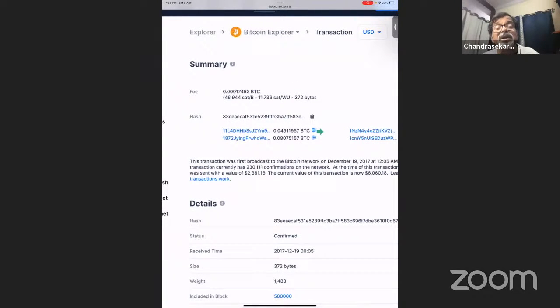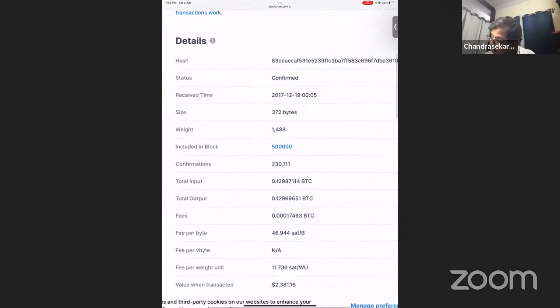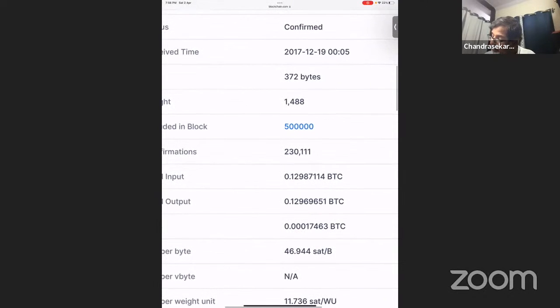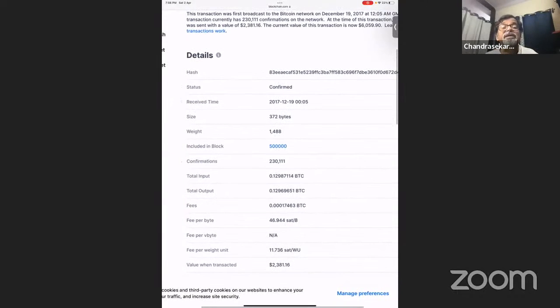These are the inputs. And the total of the input, when you add these two, you are going to get 0.129, something like that. Yeah. See, the total input, 0.129871114. This is the total input. Through 2 transactions which he got, this is the total input he has.